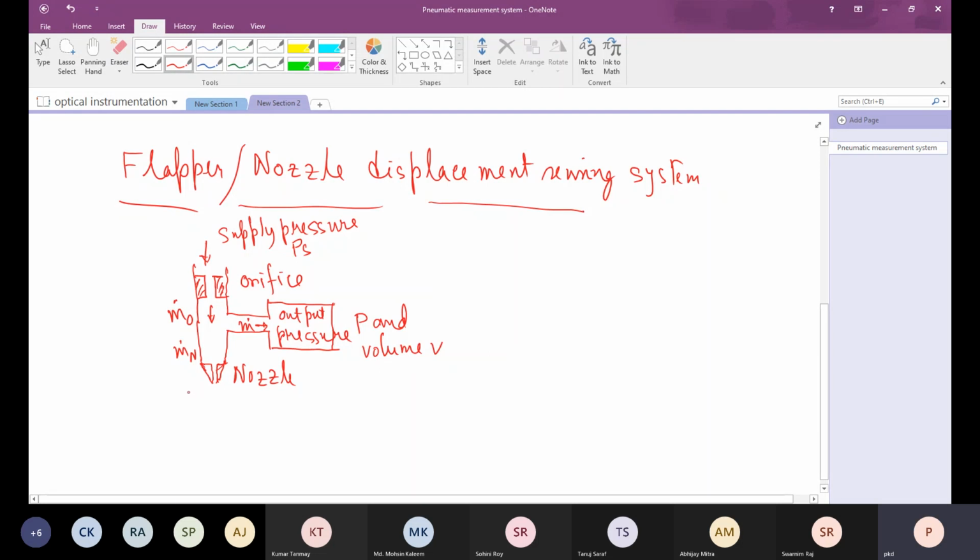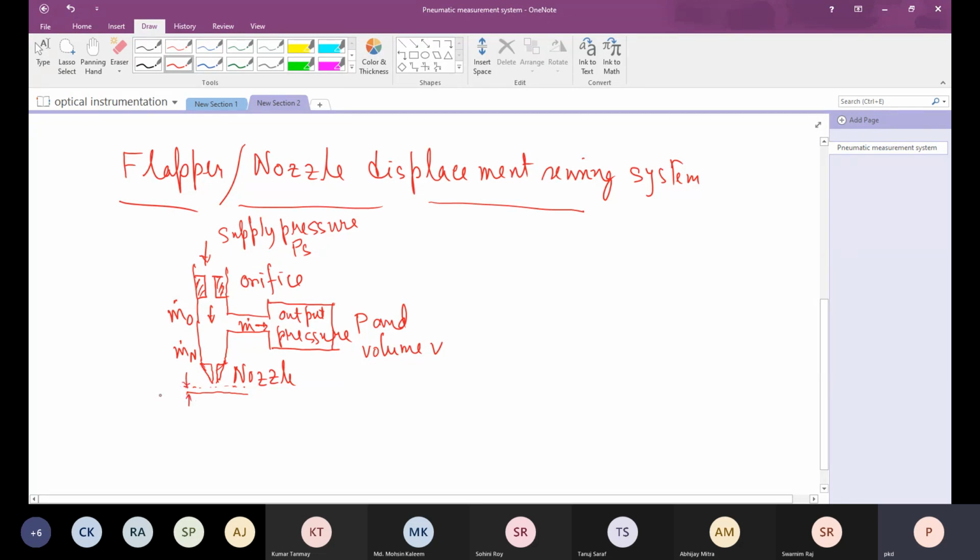Then at this place we have a small plate. It can be hinged on one side, then the displacement will be nonlinear. If I hinge it on one side, for simplicity, we can take it as linear displacement.